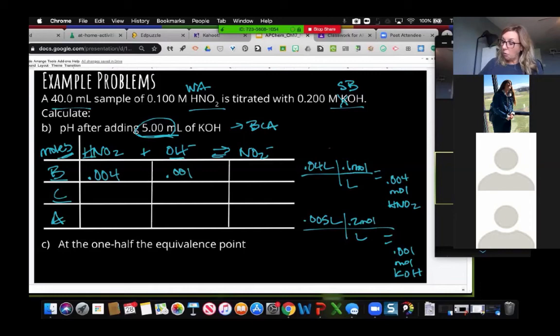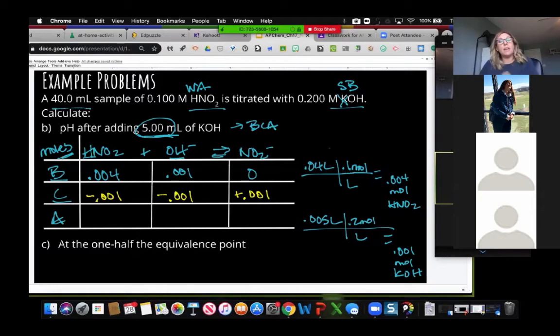Okay, just like before, whichever one is smaller, that's the one that we're subtracting. So in this case, the OH minus is smaller, so I'm going to subtract that. Before I do that real quick, I'm going to go back up here. So the NO2 minus, we're going to assume is 0 to start with. But on this one, because it's weak, it does actually add a little bit of NO2 minus in solution.